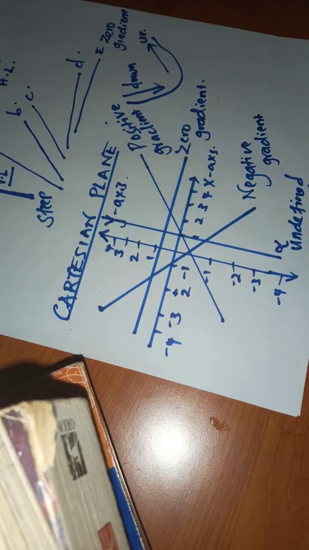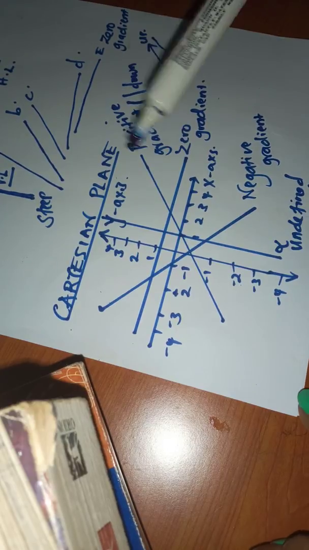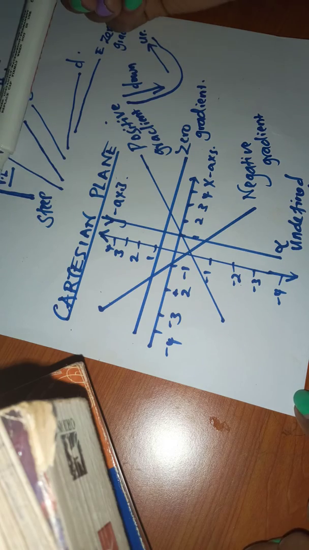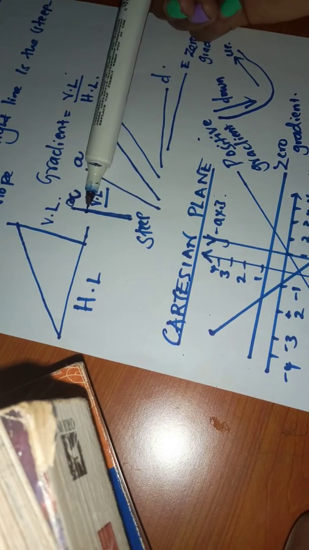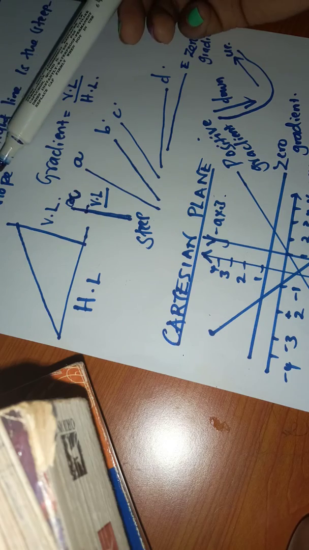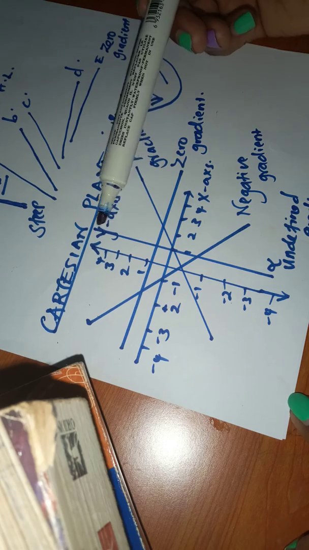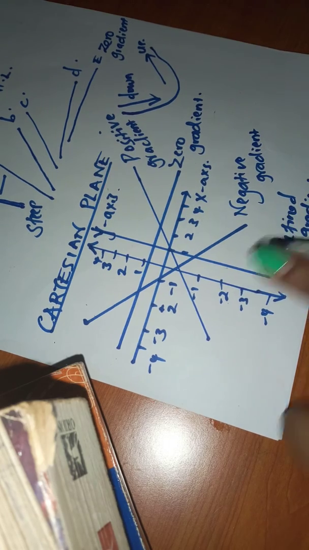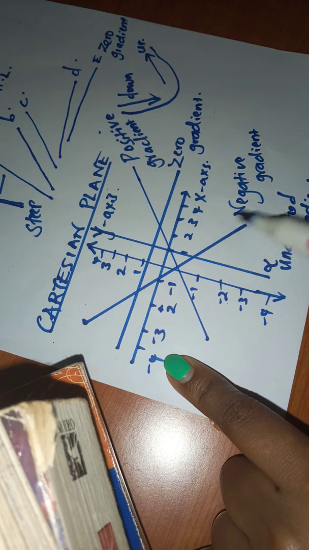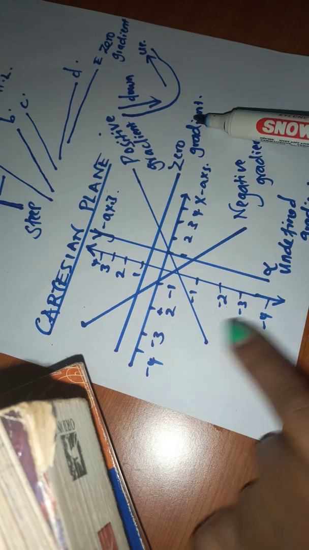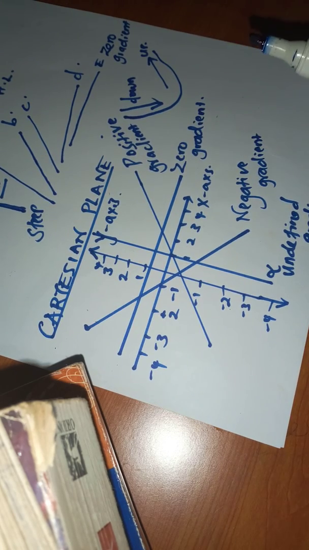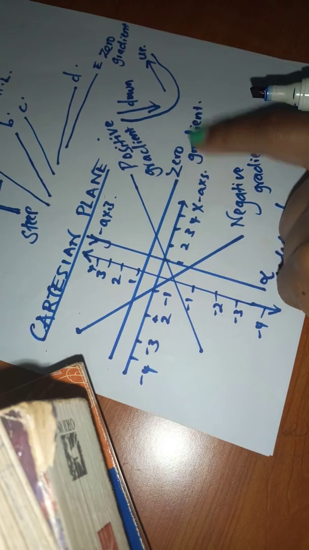So that is it for today. I hope you really enjoyed learning about gradients. So next time you go home, you should know that a line parallel to the y-axis has an undefined gradient, and a line parallel to the x-axis has a zero gradient.